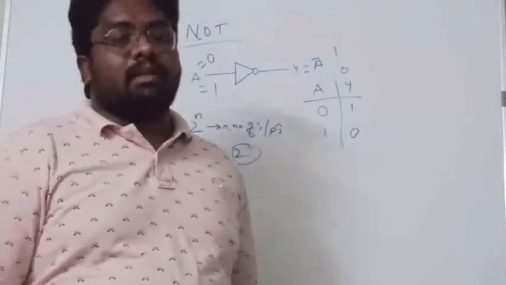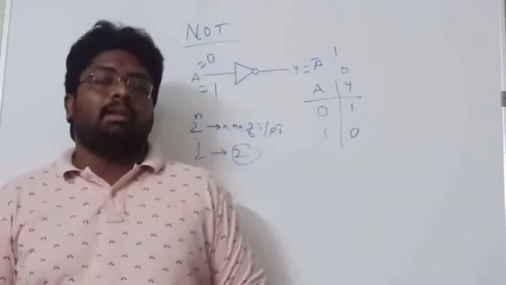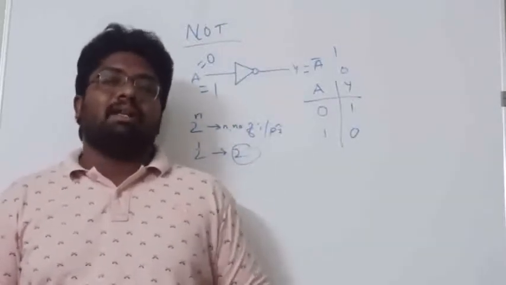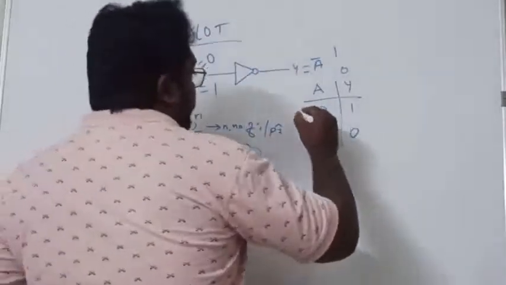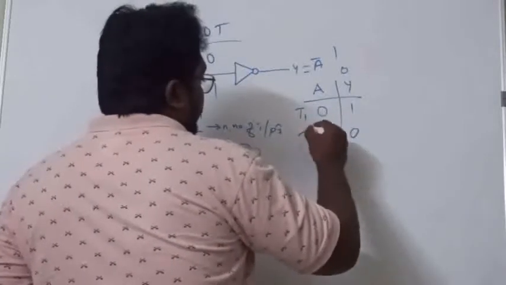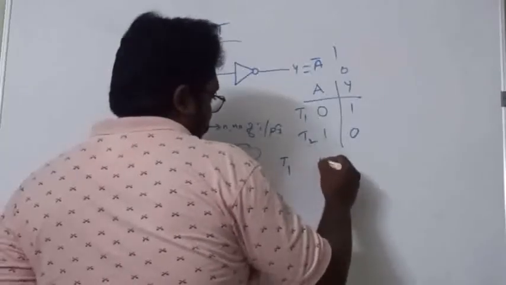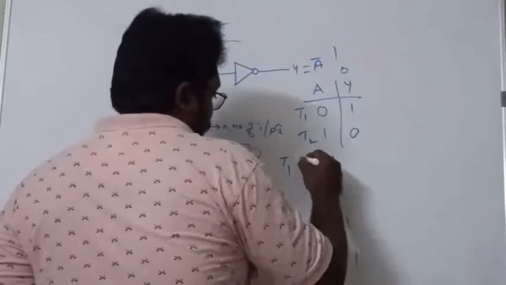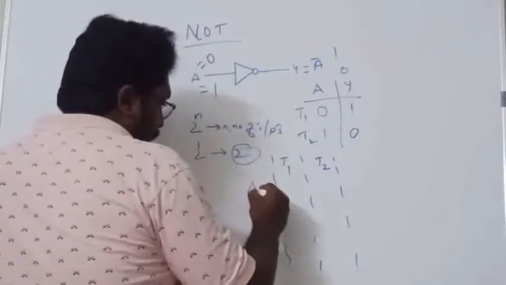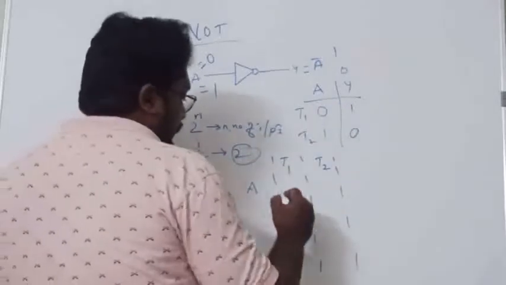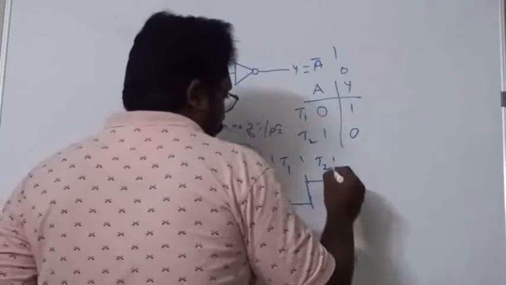The next one is the timing diagram. The timing diagram is nothing but the diagrammatic representation of the inputs and the outputs. Here I have 2 time cycles, T1 and T2. I take the input A: the first input is 0, and then it rises to 1.